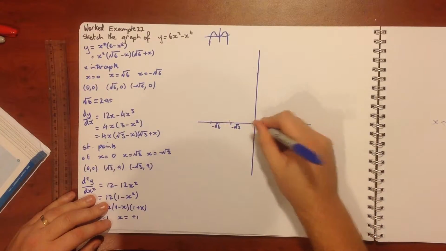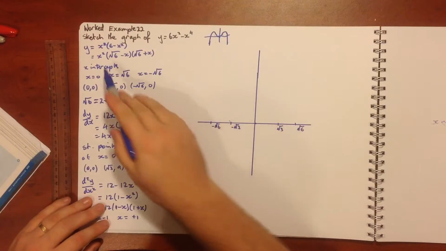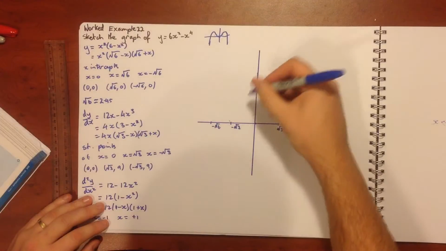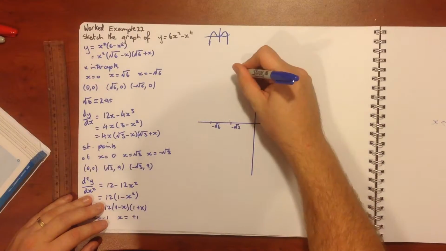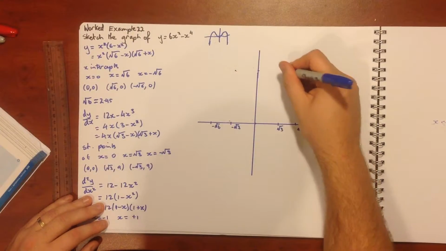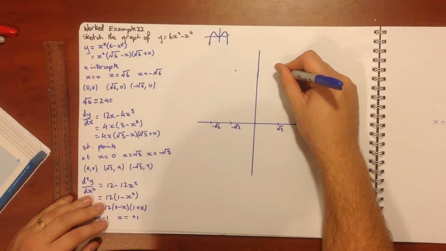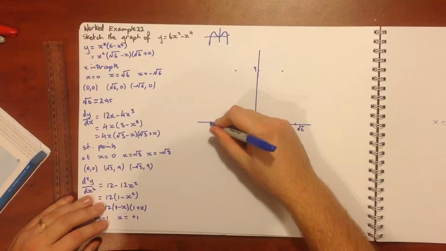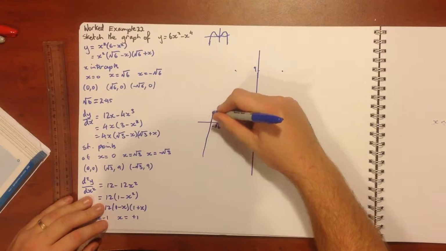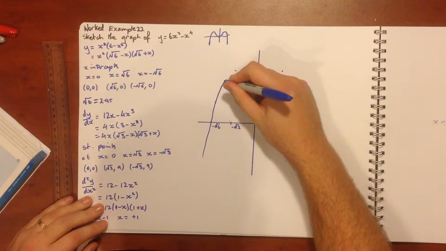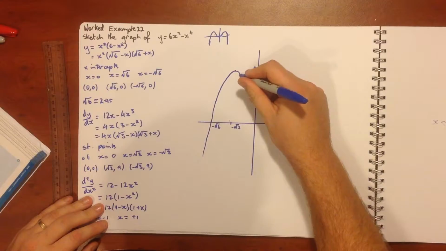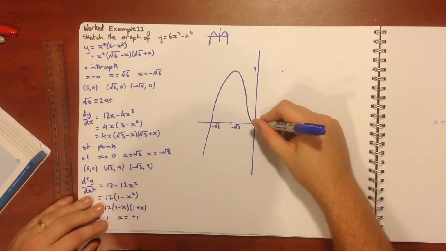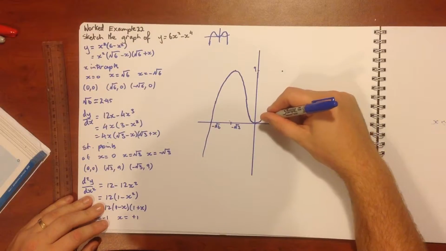We know we go through here, and that's just a turning point because it's our squared term. We also know up at these points that we go through here and here, up at 9. So we've got all the information we need to sketch our graph. Go through that turning point, come down, go through this turning point, then back up again.